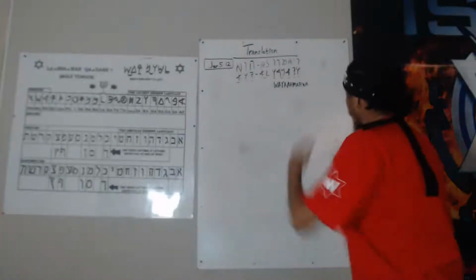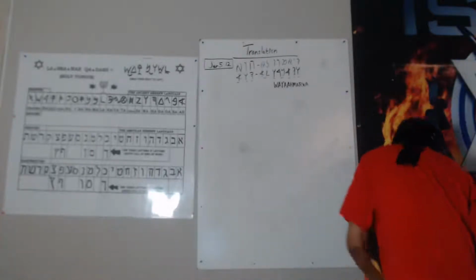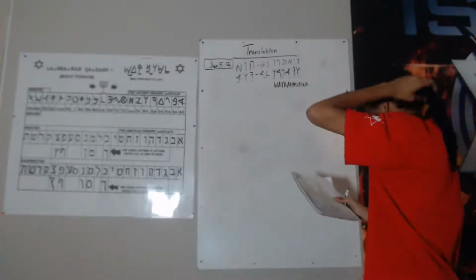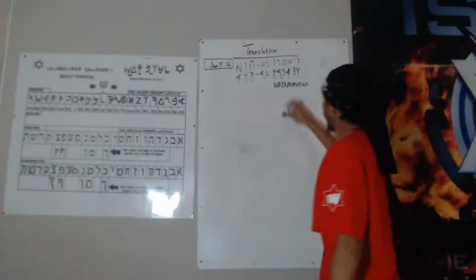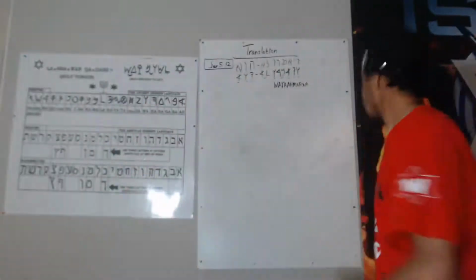So right now we have Yahanna, Wayamara, which I'll bring out what that means, but these already have a lot of prefix and suffix in them.